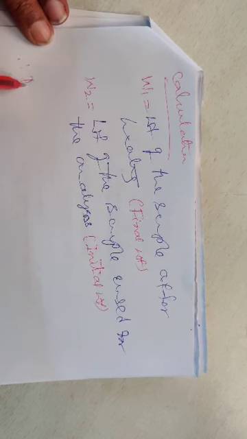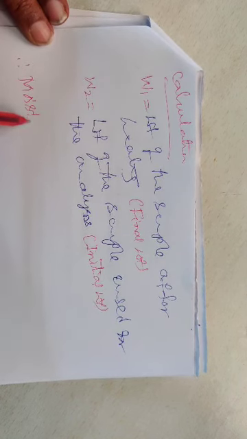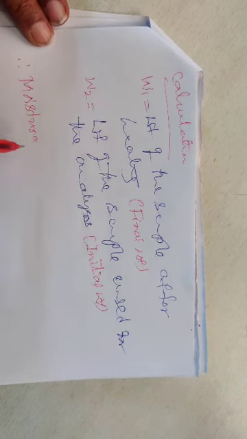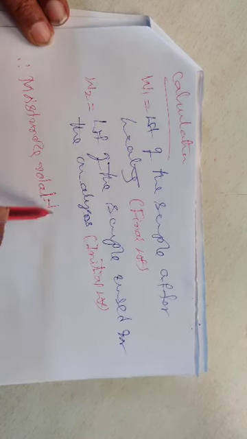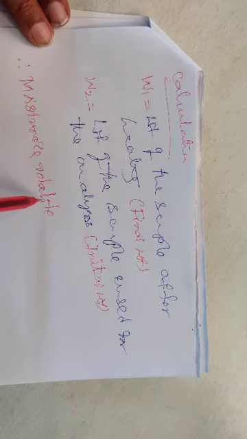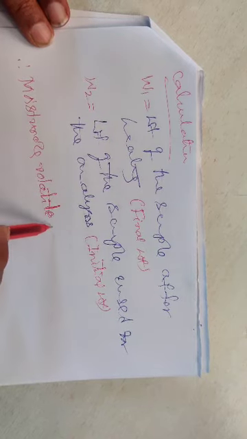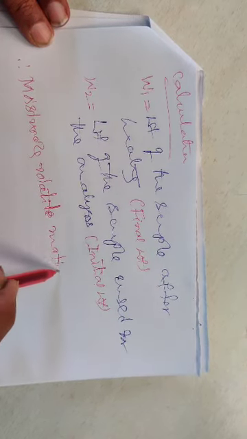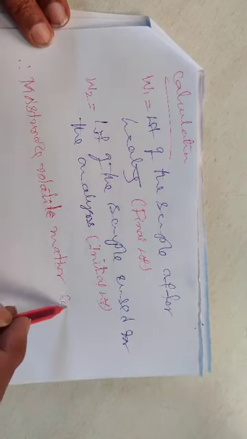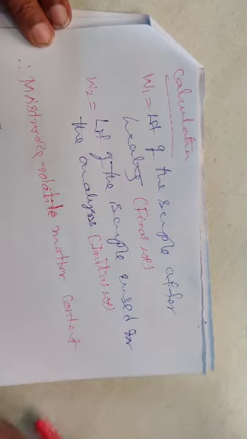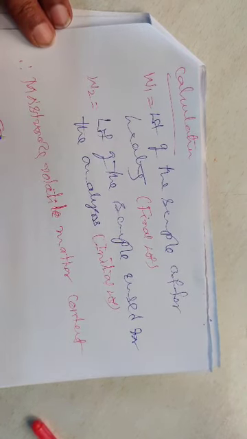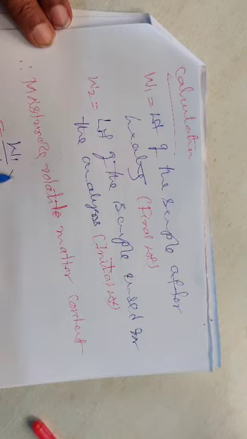So finally, the moisture and volatile matter content can be calculated by using this formula: W1 divided by W2 into 100.